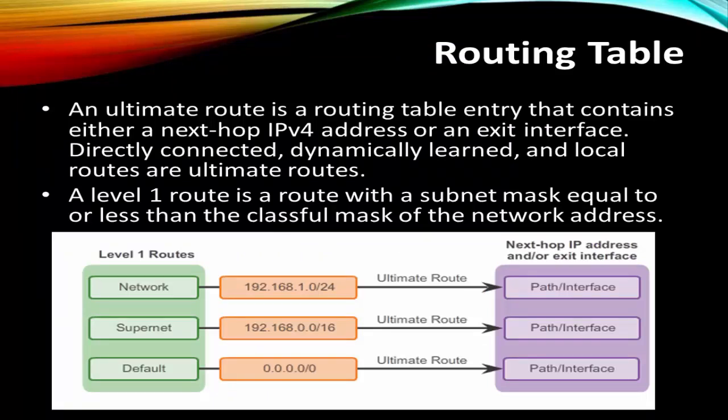The routing table. An ultimate route is a routing table entry that contains either a next-hop IP version 4 address or an exit interface. This can be directly connected, dynamically learned, and local routes. A level 1 route is a route with a subnet mask equal to or less than the classful mask of the network address.